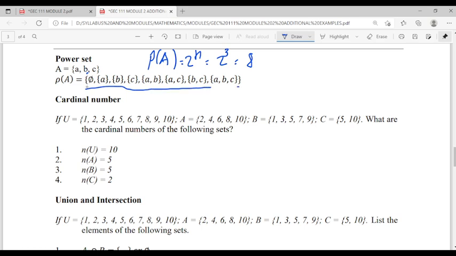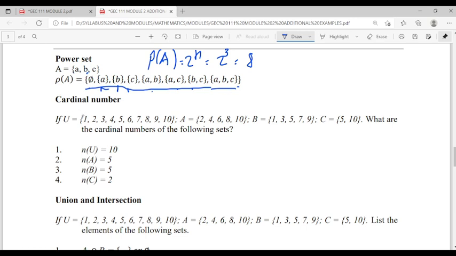We have the null set, unahin ang null, then A, B, and C. And then we have AB, AC, BC, and the whole element of the set A. So 1, 2, 3, 4, 5, 6, 7, 8 elements.